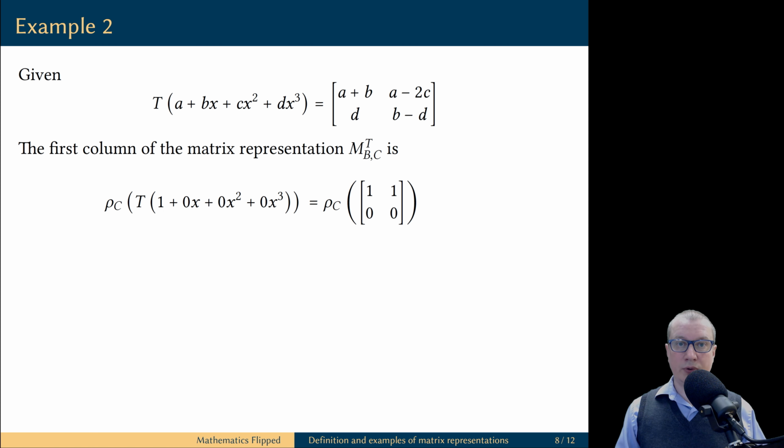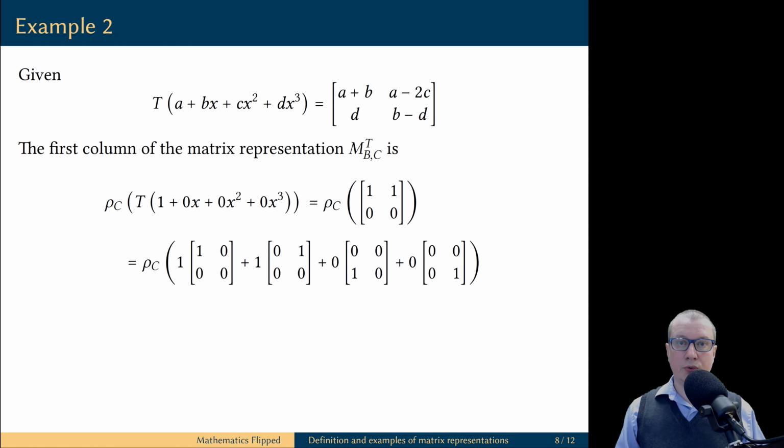Next, we need to compute the vector representation row C of this matrix. For this, we need to decompose this matrix into a linear combination of the vectors in the basis C, which is easy to do because we chose a nice basis. Row C picks up the scalars in this linear combination and writes them as a column vector. So this is the first column in our matrix.